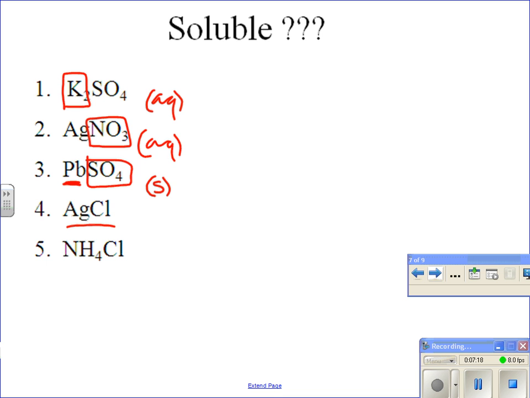If you look at your rule sheet, rule number 2, all chlorides are soluble except if it contains one of the 3 gangsters. That's one of the 3 gangsters, so I'm going to put a little S there. Finally, NH4. Right away I spot the NH4, knowing that you apply the rules in order. All ammoniums are soluble, so it's going to be aqueous, meaning it's going to dissolve in a liquid and break apart.